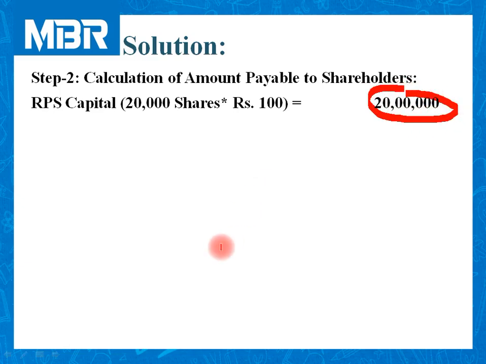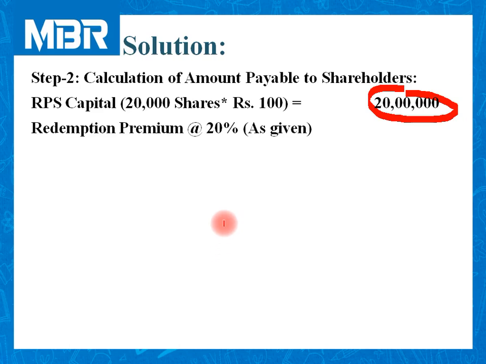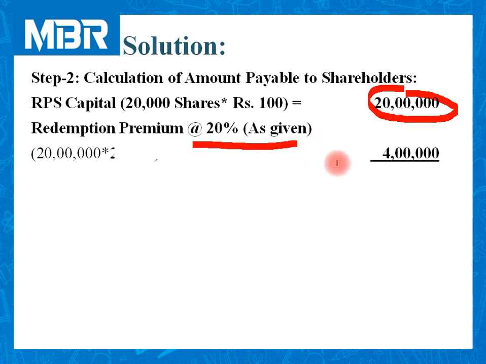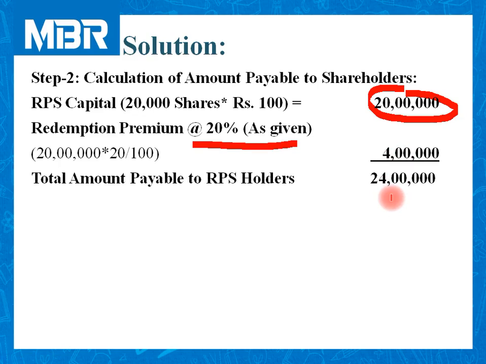So RPS capital 20 lakhs. Redemption premium at the rate of 20% as given in additional information. 20 lakhs rupees 20% redemption premium is equal to 4 lakhs. So total amount payable to RPS holders rupees 24 lakhs.